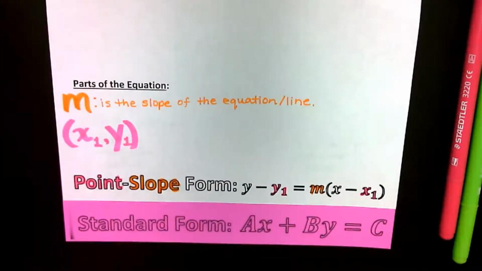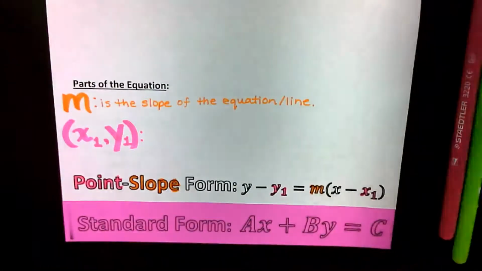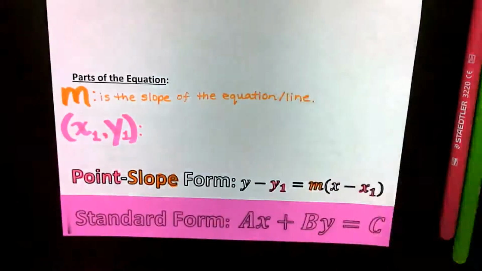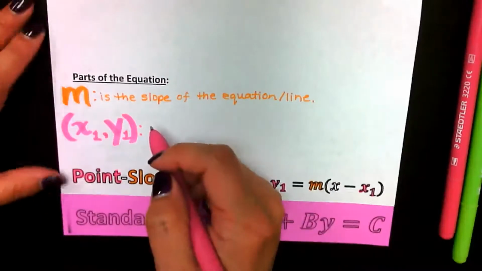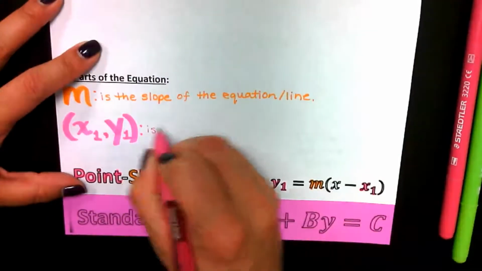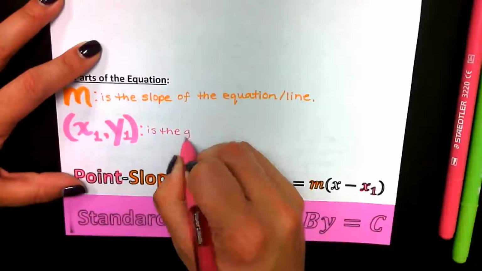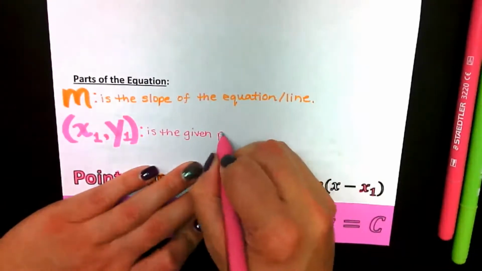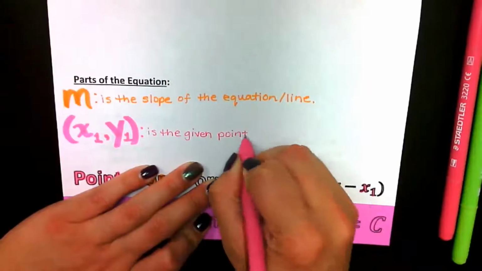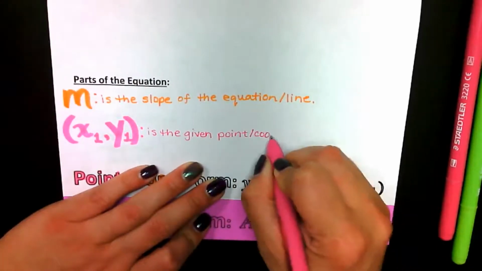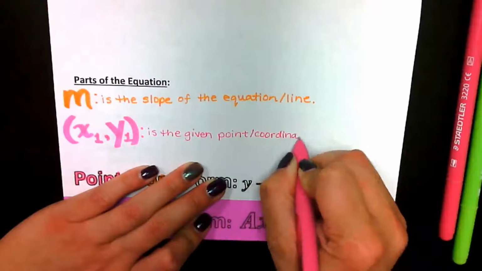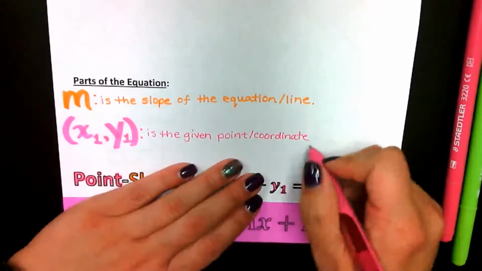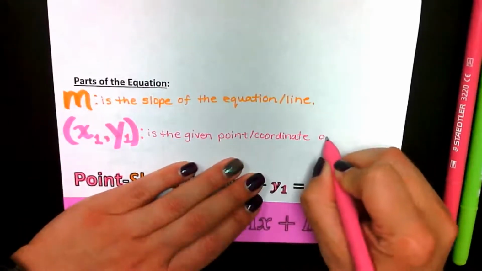Okay, so x sub 1 comma y sub 1, this is the given point or coordinate on the line.